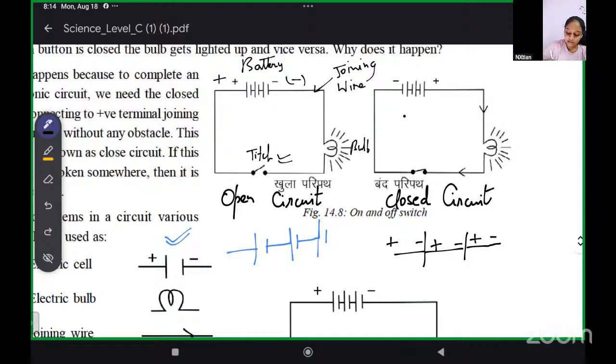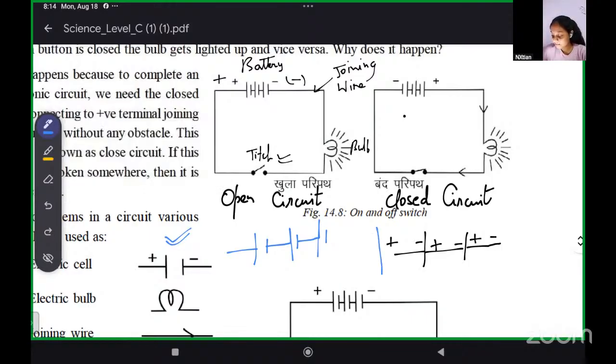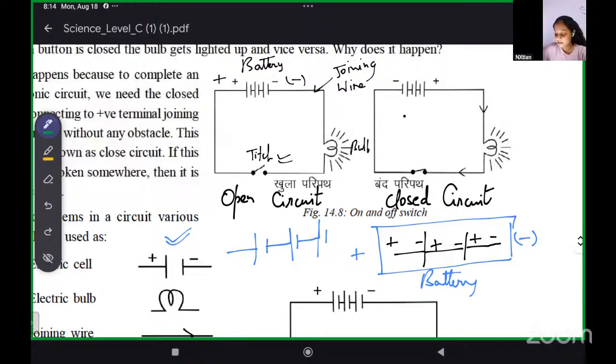This entire thing forms your battery. In your battery, since this one is ending in negative, this will be your negative terminal. This one starting with positive will be your positive terminal. And it is formed with three cells. This is the first cell, this is the second cell.